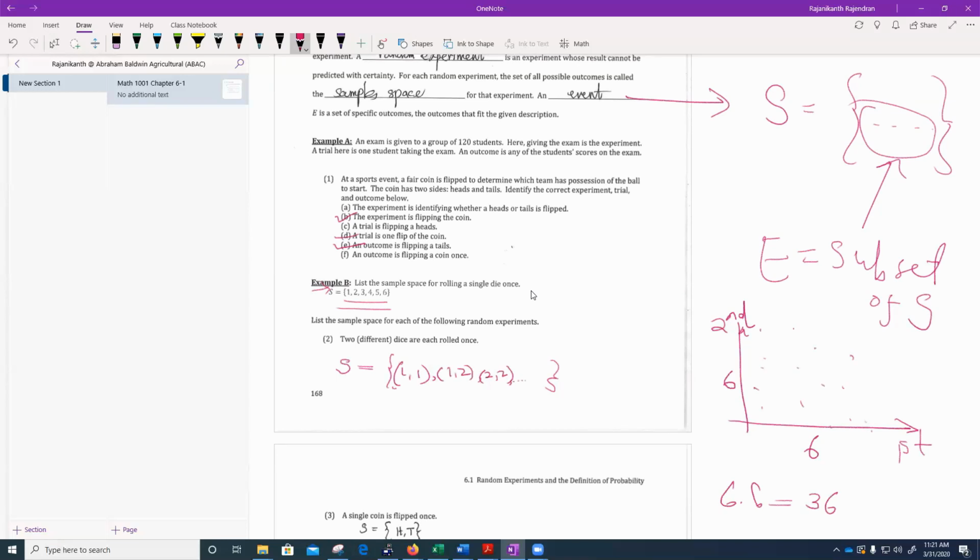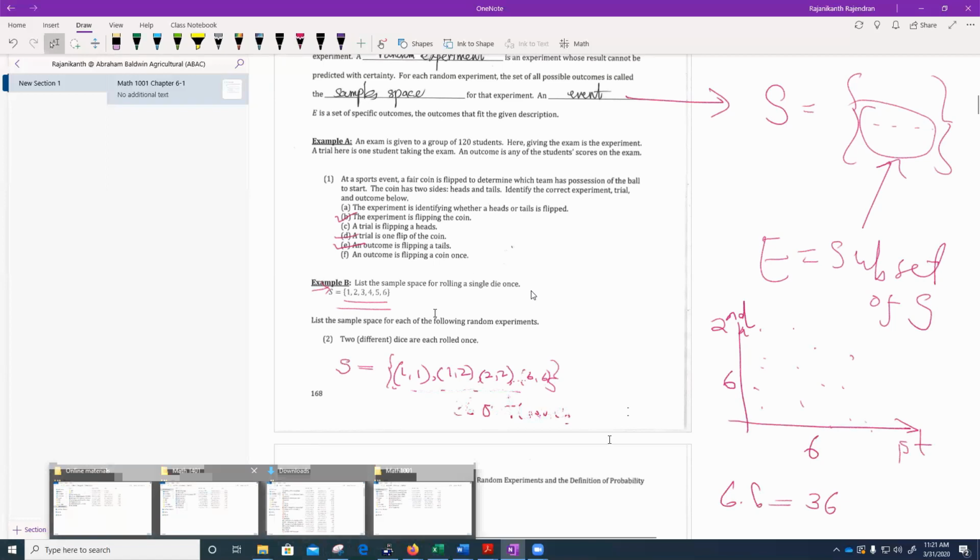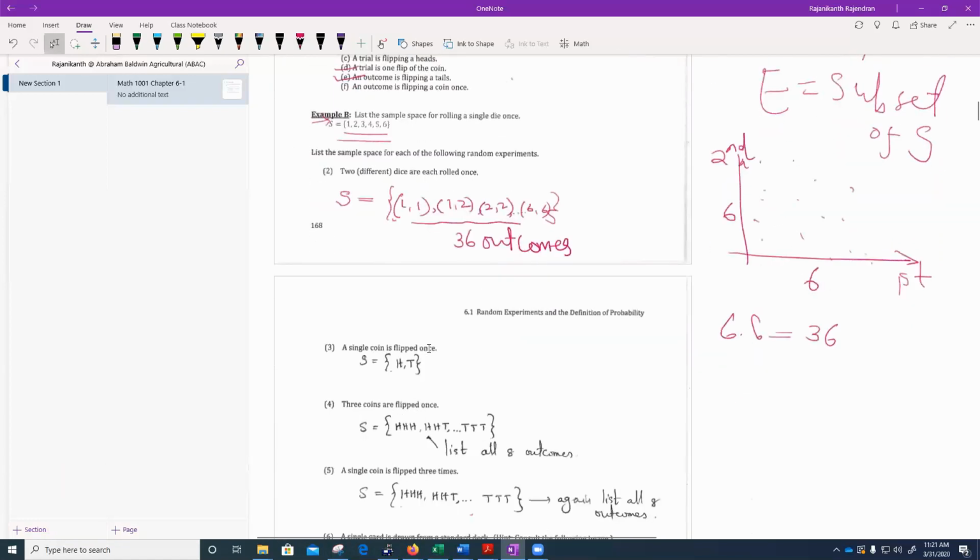And the final one maybe 6,6. So in total, you will have 36 outcomes in your sample space. Okay. So they are asking us to list everything. So you have to write all the 36.